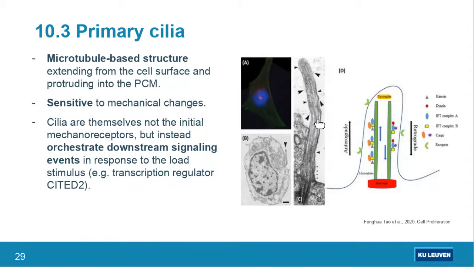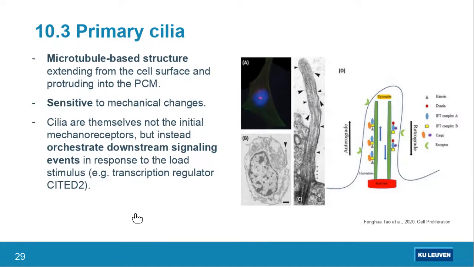One example of a regulator linked to the primary cilia is the transcription regulator CITED2, a protein that mediates the process of mechanotransduction by means of the primary cilia.